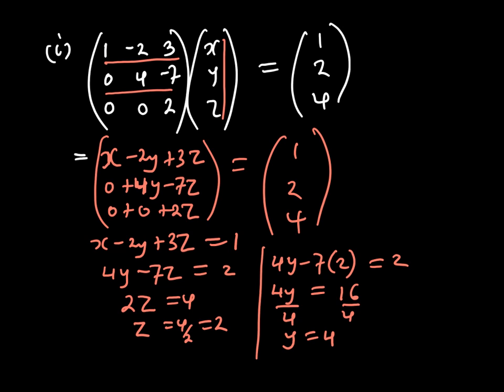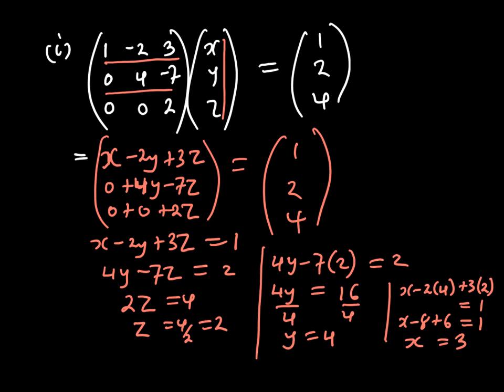Okay. So if y is equal to 4, I know that x minus 2 into a 4 plus 3 into a 2, that must be equal to 1. So x minus 8 plus 6 is equal to 1. And therefore x is equal to 3.